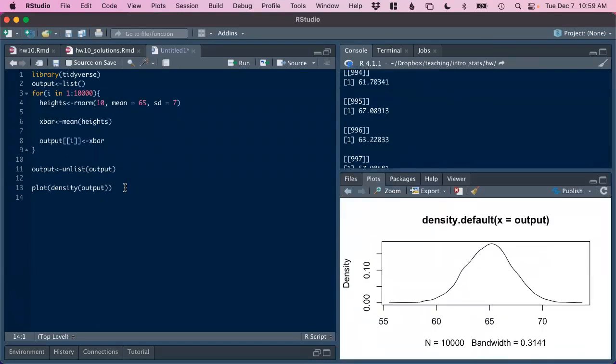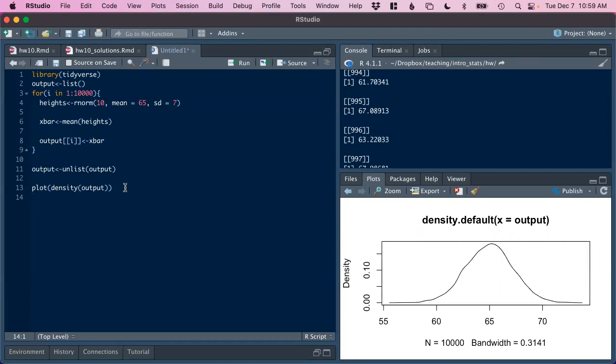Okay, there we are. There's our 10,000 means, right? Hey, it looks like a normal. This happens under random resampling, right? If we draw a random sample of students and we repeat that exercise many times, the distribution of the mean of those sample means will be approximately normal, right?